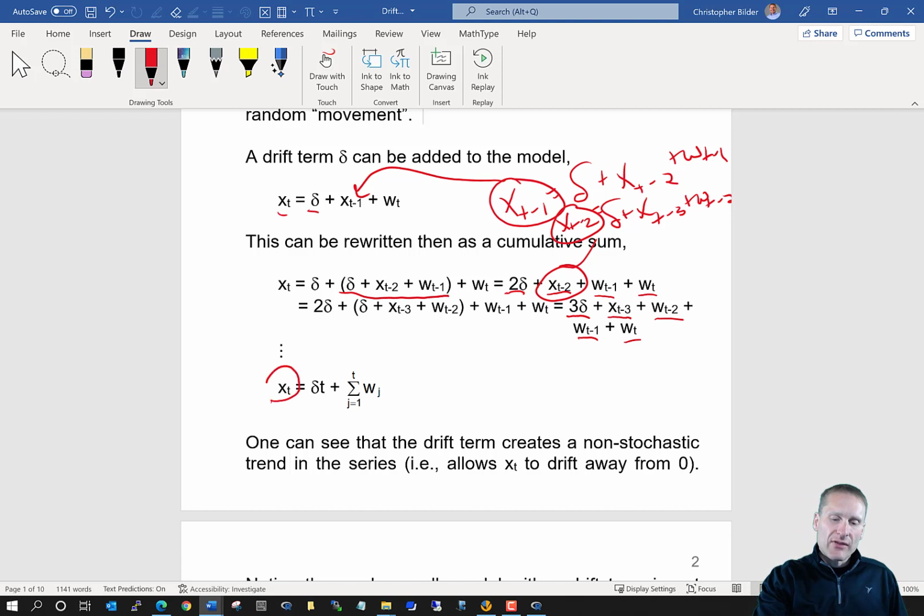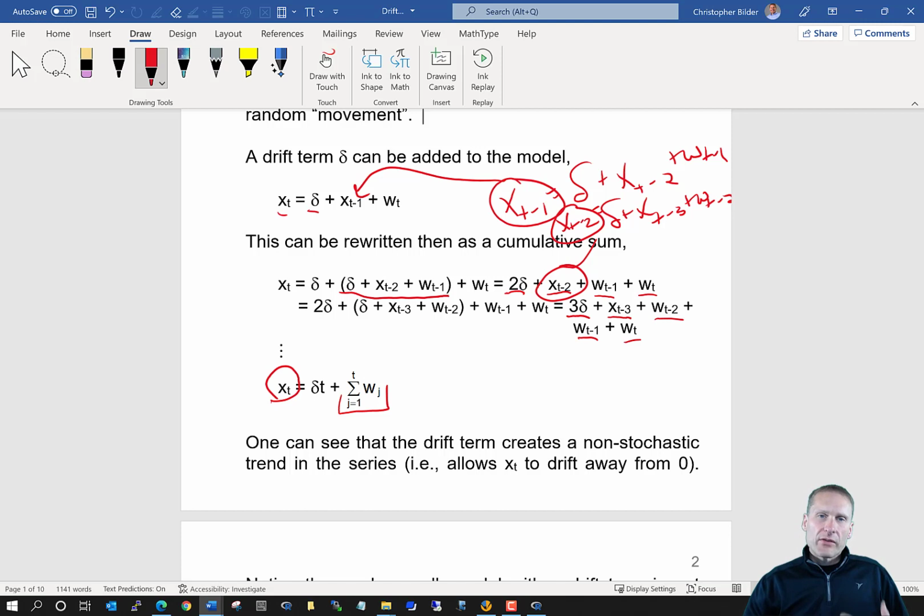And eventually you'll see that X_t is equal to delta times your time t, so this is a numerical value like 1, 2, 3, and so on, plus a sum of your W's. And so, at least in a numerical context, we can think of why delta is a drift term.